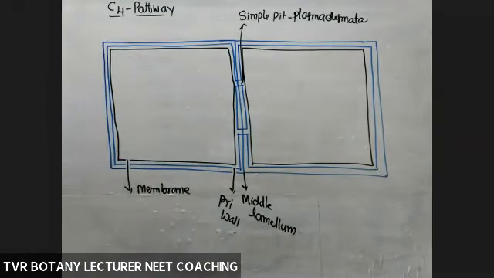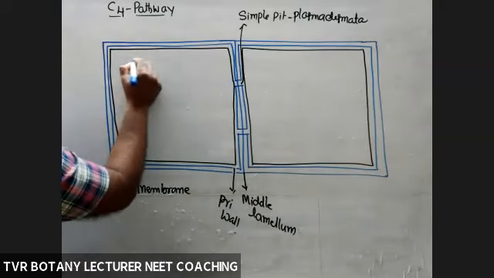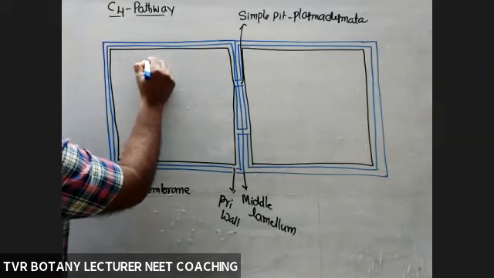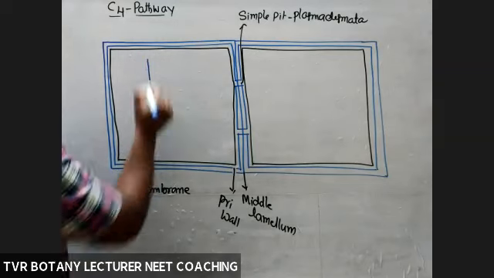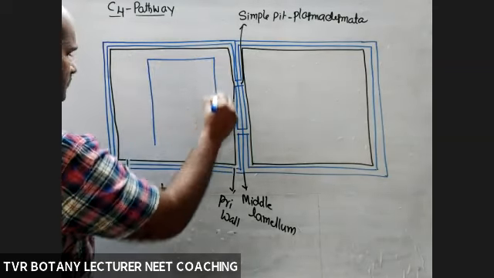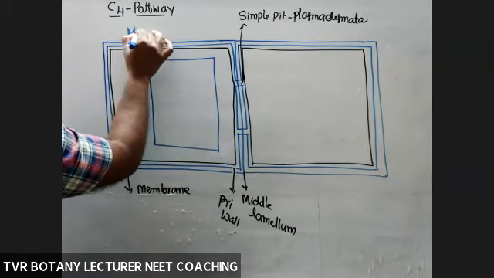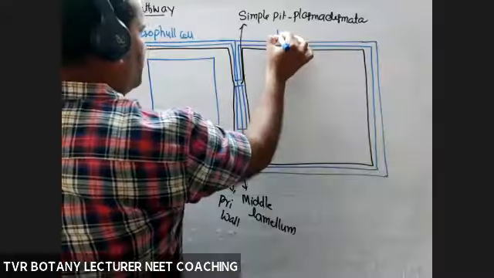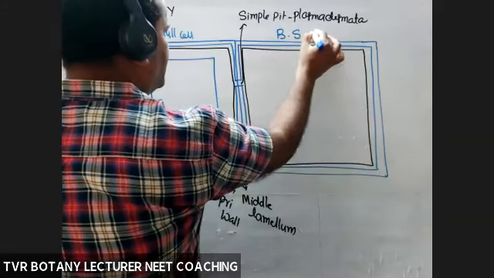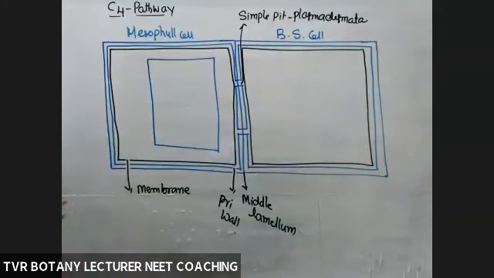Okay, so now what about the mechanism? So here, this is the chloroplast, dummy chloroplast, mesophyll cell, and this one is a bundle sheath cell.